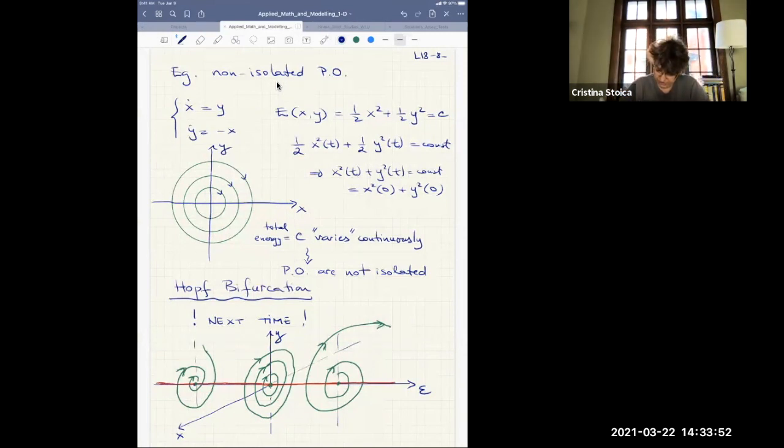And I sketched this type of bifurcation where you have an equilibrium that is attractive, but it's a spiral, right? And then at the bifurcation point, this spiral breaks into many periodic orbits, non-isolated.